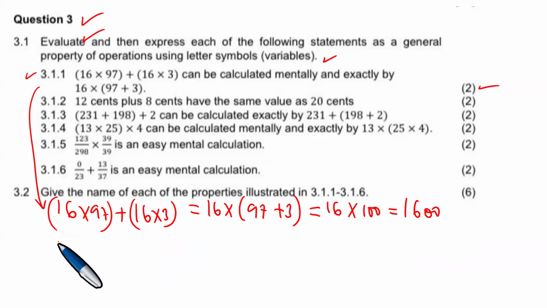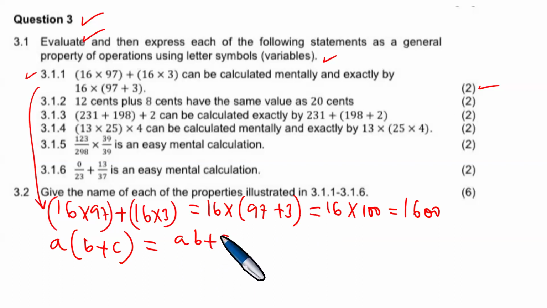So now what is the law, the general property of operations that allows us to do this? We can study it in reverse, because if you have A times (B plus C), normally stated like this, it's called the distributive property. So if you have A times, in brackets, B plus C, then it is AB plus AC.